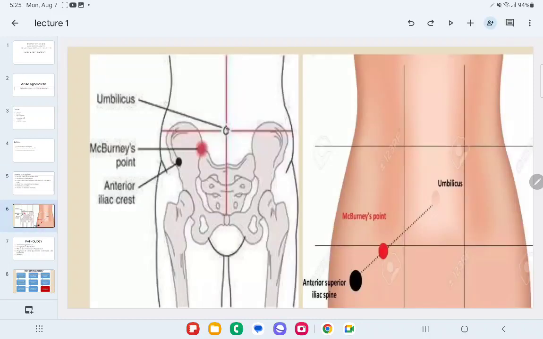The topographical anatomy of the appendix, that means the superficial landmarks on the abdomen to locate the position of the appendix.